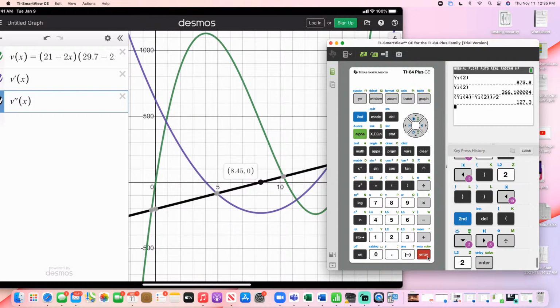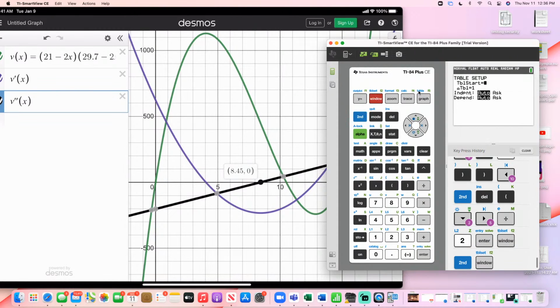Now, what if I want to find the first derivative and second derivative evaluation at the same time? Evaluation is very, very cool. Then you can click on the window. Oh, sorry, not window. Second table set, there will be 0, 1. This is the table set situation. They start with auto, ask. We're going to do 0, 1. But you're going to do second table.